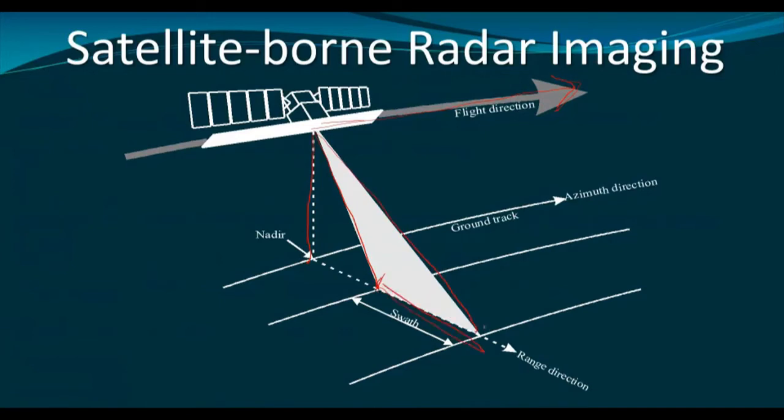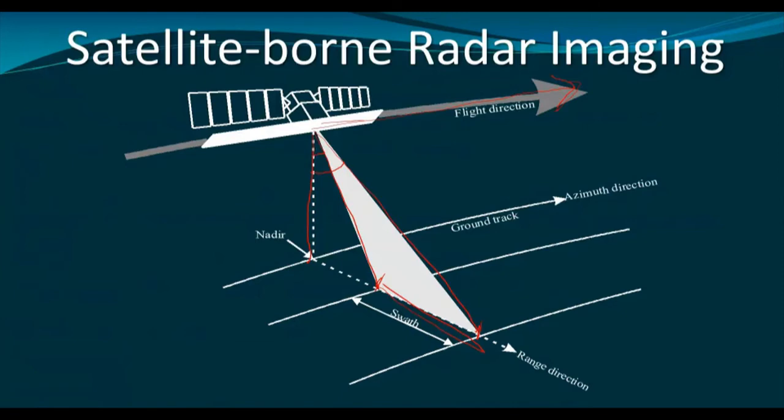This is the near range, this is the far range, this is the look angle at near range, look angle at far range, and all these geometrical definitions will be applied that we have discussed earlier.